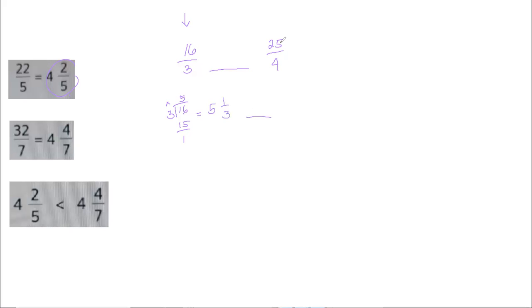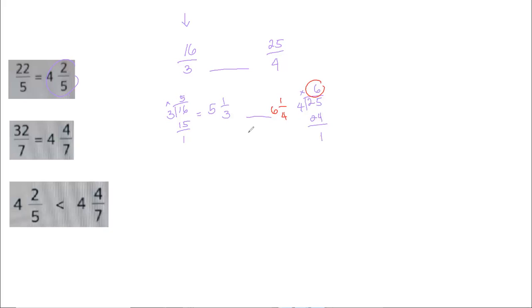On the other hand, this one right here, you have 25 divided by 4. That's 6. 6 times 4 is 24, and remainder 1. So therefore, this one is equal to the whole number 6 and the remainder 1, so 6 and 1/4.